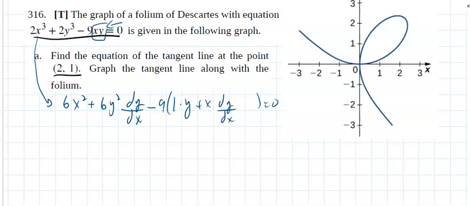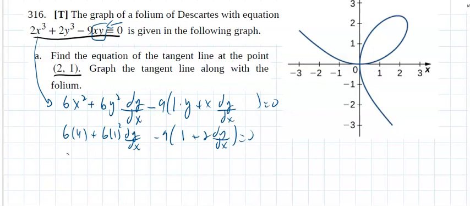If I substitute 2 for x, 6 times 2 squared is 24. 1 for y, that's 6 times 1 squared, which is 6. Minus 9 into y, which is 1, plus 2 dy dx. So I have 24 plus 6y prime minus 9 minus 18y prime equal to 0.